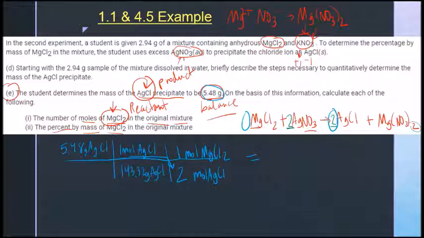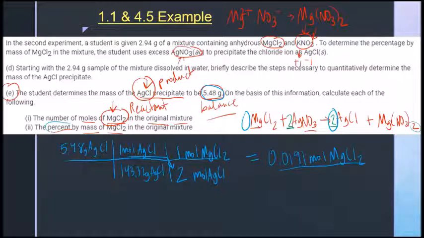Divide by the 143.32 and then divide by 2. And, is that right? Yes, it's right. 1 moles MgCl2. Now I have my moles. I've got that part down. That's correct.